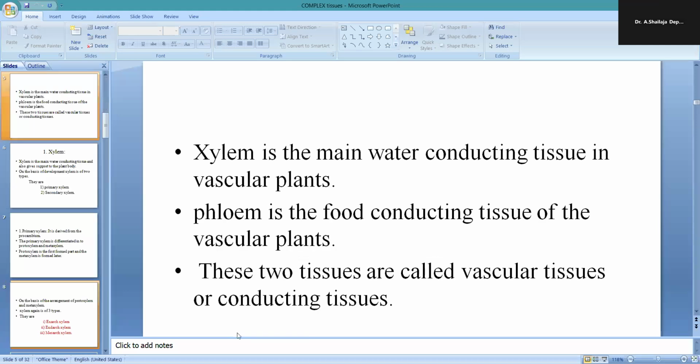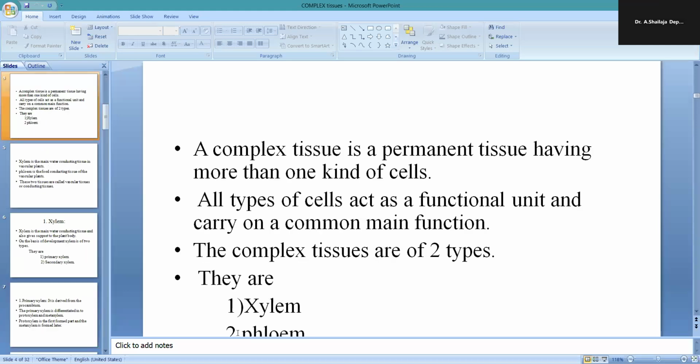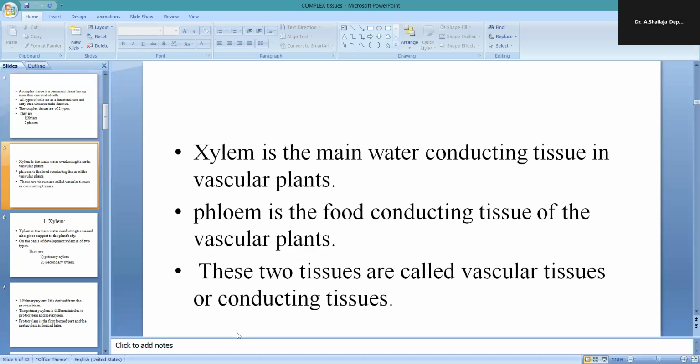These are of two types, xylem and phloem. They are the component parts of vascular bundles and hence are also called vascular tissues. Vascular bundles form a continuous and interconnected system in different organs of the plants.